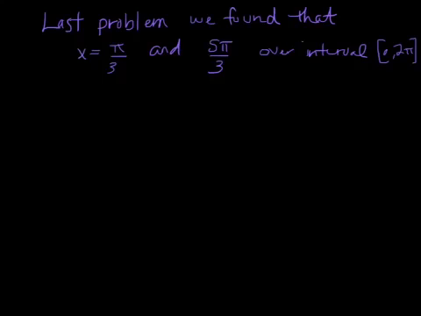Alright, so last problem we found that x is equal to pi over 3 and 5 pi over 3 over the interval 0 to 2 pi. Now, we're trying to find all solutions, and generally we'll look at this one for a second, pi over 3.